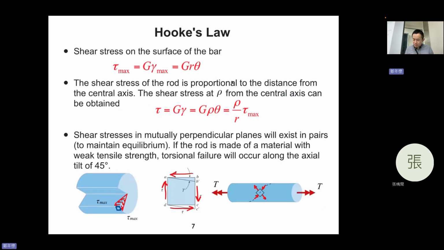Now, by the way, this is really interesting: if you try to do torsion on a bar or a towel, maybe you can find why the cracks are typically at 45 degrees. You can see the wall of a building after an earthquake has cracks. That's because of this.